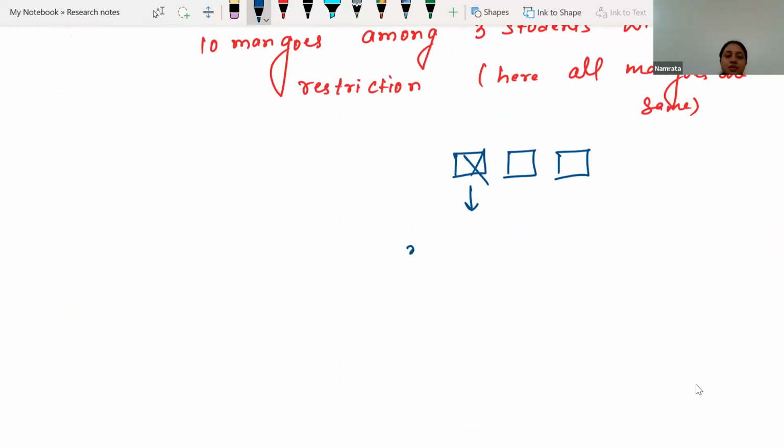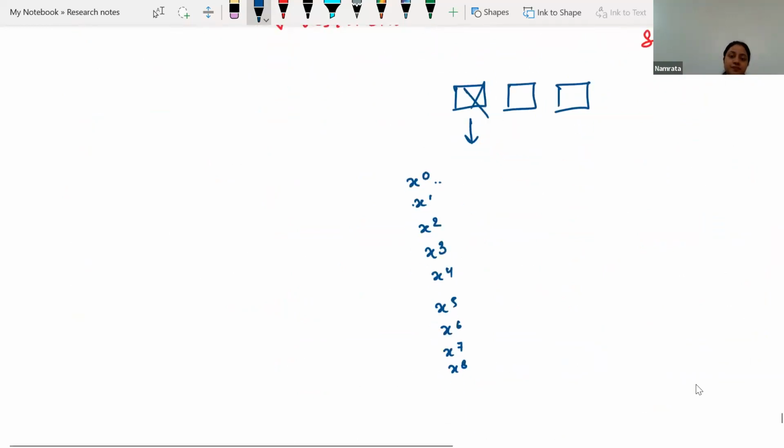For the first student we can give no mango, one mango, two mango, three mango, four mango, then five, six, seven, eight, whatever mango we are giving, and we are writing that in the form of exponents. Then nine or ten. These are the total possibilities for the first student.